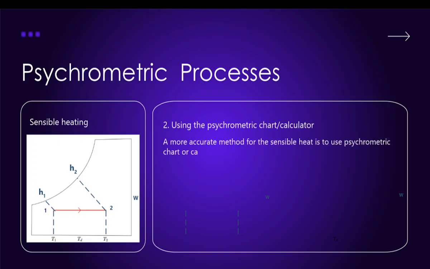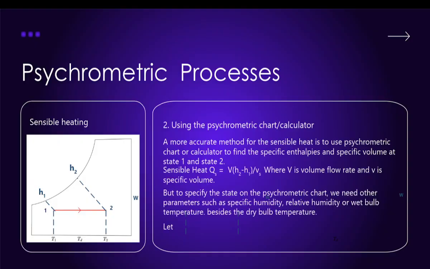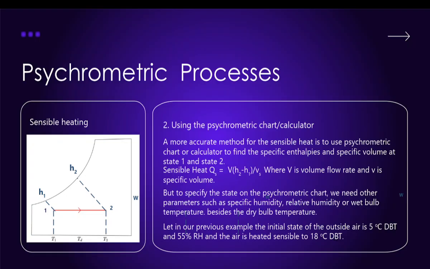And this sensible heat can also be found using the psychrometric chart or calculator, and this gives a more accurate value than the formula given earlier. So a more accurate method for sensible heat load is this. Here sensible heat is V, the flow rate, divided by the specific volume Vs, and multiplied by the difference in the enthalpy.